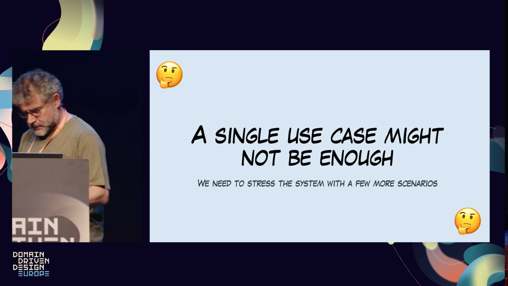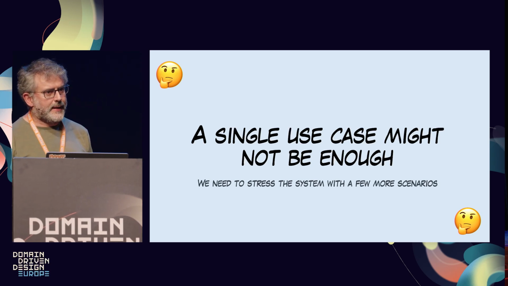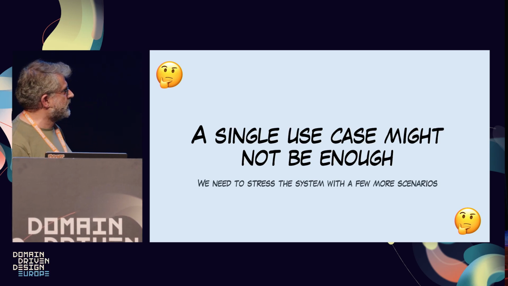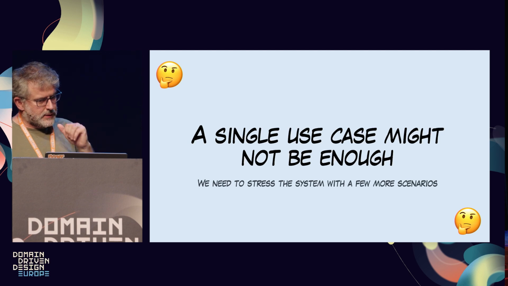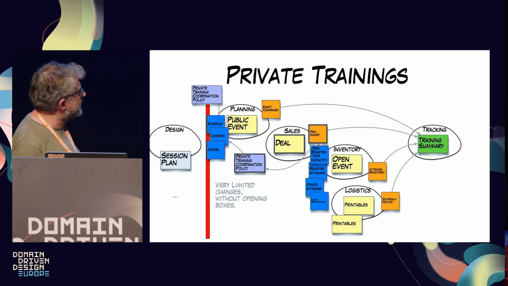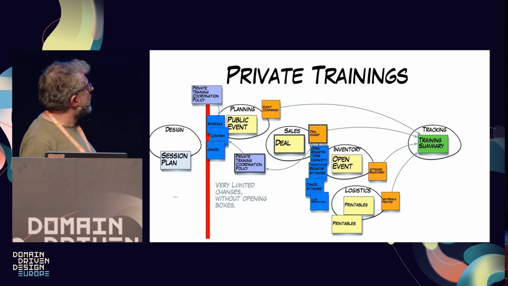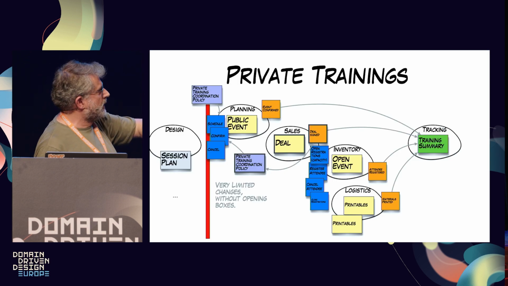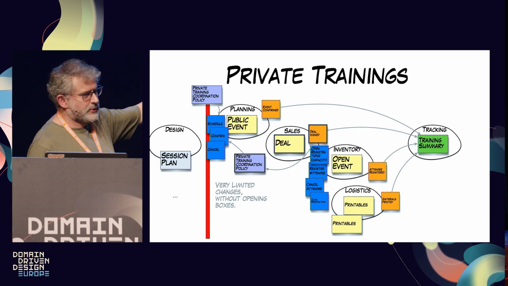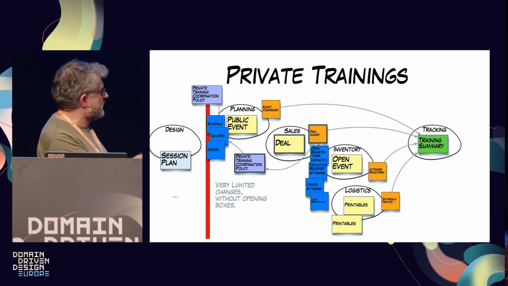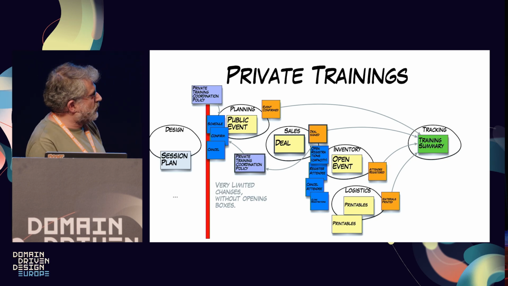I just made something work, and then I need to challenge it with a few other use cases and see if this scaffolding makes sense. It turns out it does in a few other scenarios. Like if you go private trainings instead, we don't need tickets, but we're still registering. So you might have a capacity for a private event, maximum 20 people.